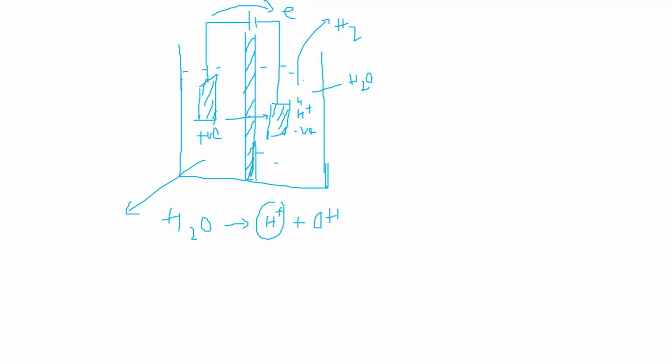It will not complete the external circuit. The electron will also flow through this solution, through this membrane. The short circuit will be there, and electrons will not flow through the external circuit.